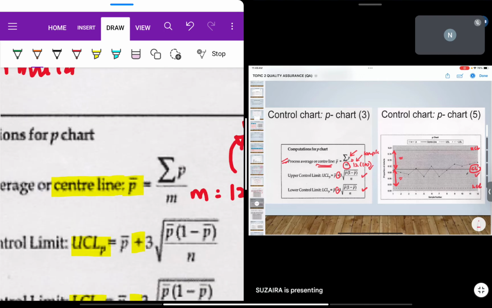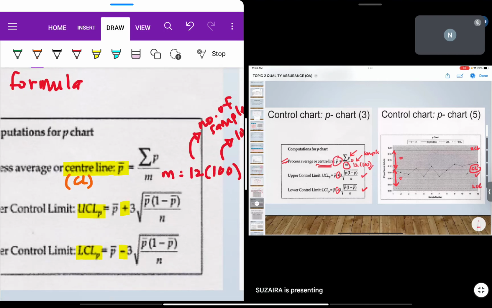So whenever you calculate the P bar, you need to use this P bar in order to calculate the UCL as well as the LCL.